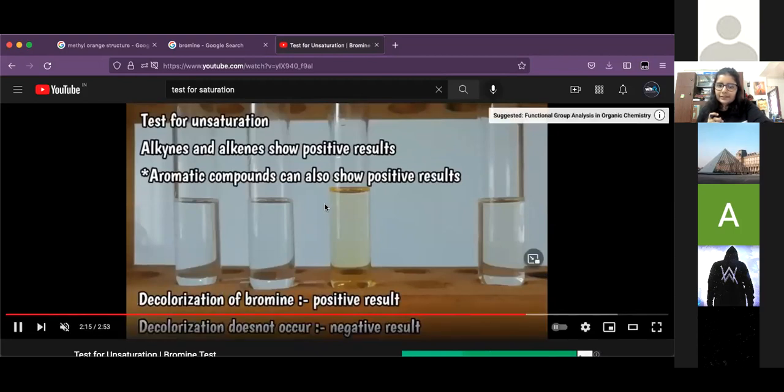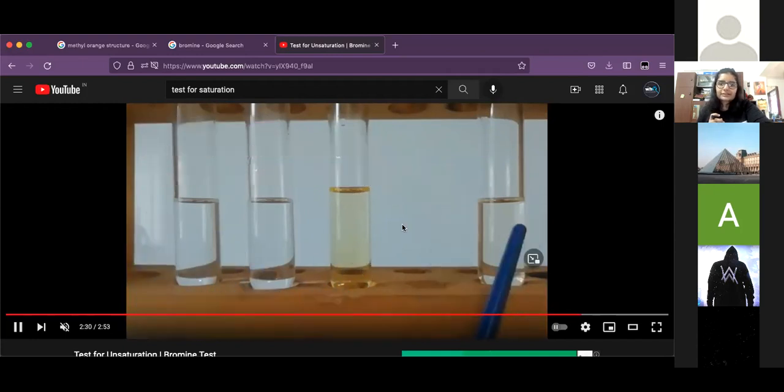So decolorization, if at the end of this it's transparent, it means it's unsaturated. But if it's not decolorized, like this could be plain water or an alkane, then it's a negative. There is no unsaturation there. That's the test.